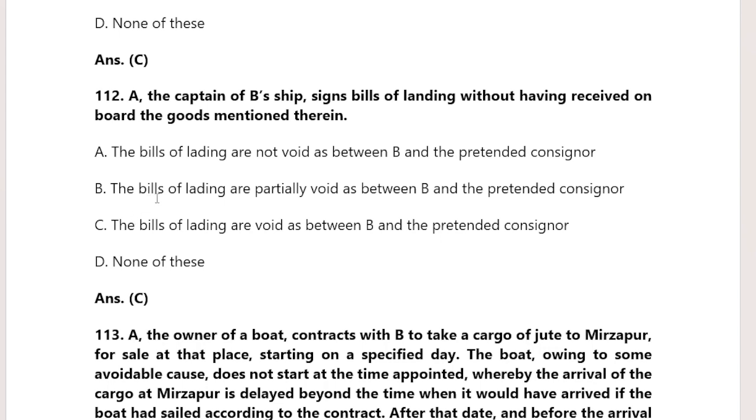Option B: B's bills of lading are partially void as between B and the pretended consignor. Option C: The bills of lading are void as between B and the pretended consignor. Option D is none of these. Then the right answer is option C.